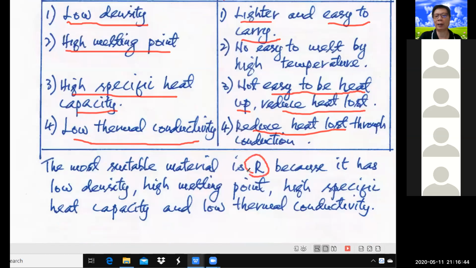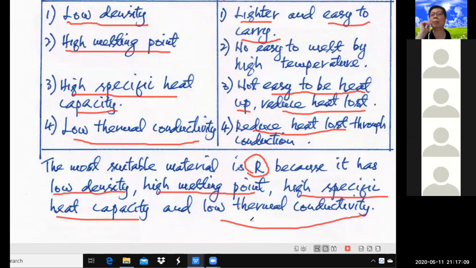You must choose the correct one, R. Then you repeat the reason, because it has low density, high melting point, high specific heat capacity, and low thermal conductivity. That gives you the final marks, so altogether 10 marks. Okay, come, take down the answer.